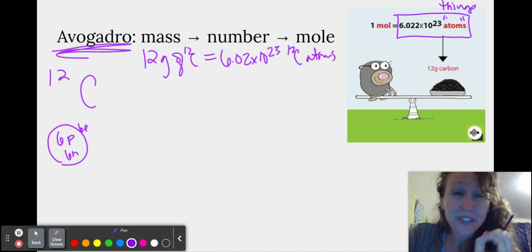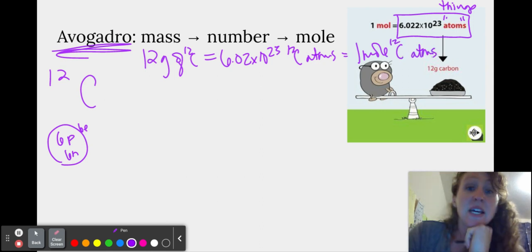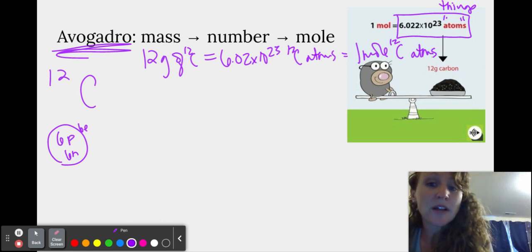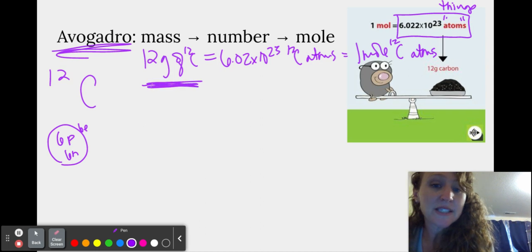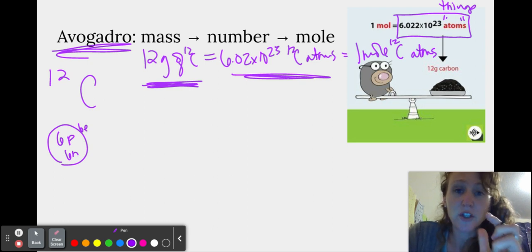And that specific group with that specific number in it, remember, is called 1 mole of carbon-12 atoms. So notice what we have here. We have equivalent statements here. Notice that 12 grams of carbon-12 is equal to a specific number. That's an equivalent statement. We can actually use that as a conversion factor.